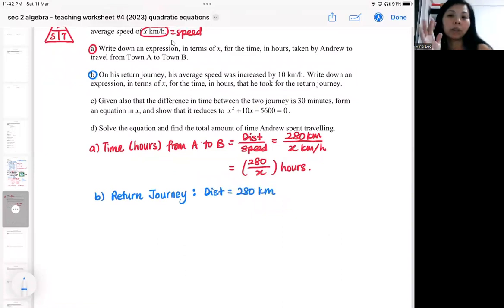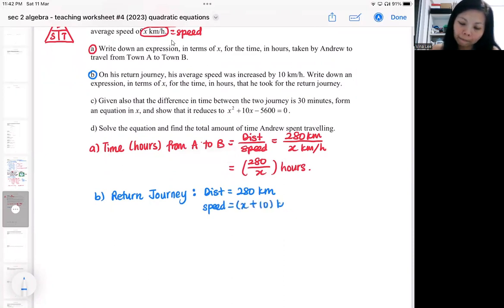The distance doesn't change. A to B, B to A is still the same distance. But the speed increases. So instead of the original speed, it is actually X plus 10. They say the average speed is increased by 10 kilometers per hour.